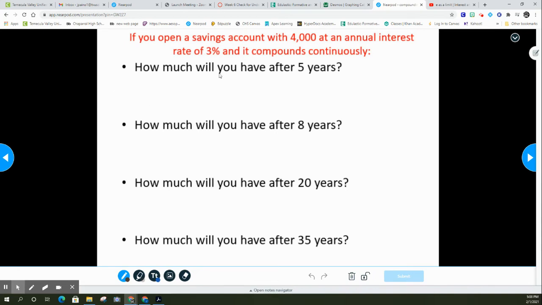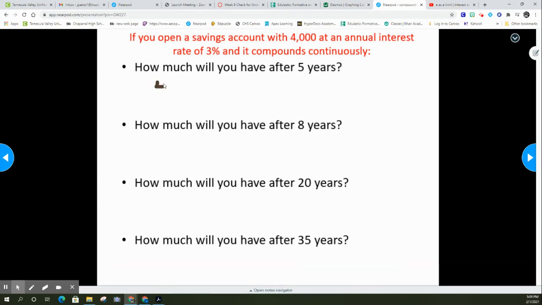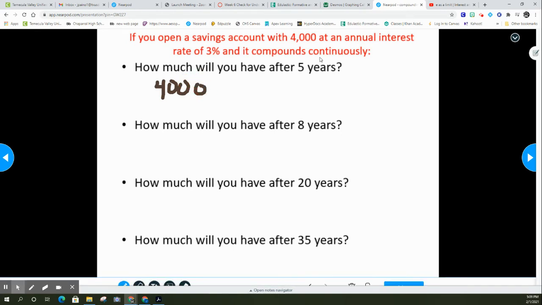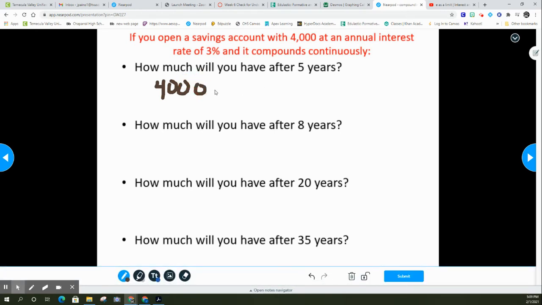All right, so now you guys are going to try these, okay? Again, let's just set these up and then we'll type them in on the calculator. So everyone is going to be 4,000 as the principal amount. These are all compounding continuously.